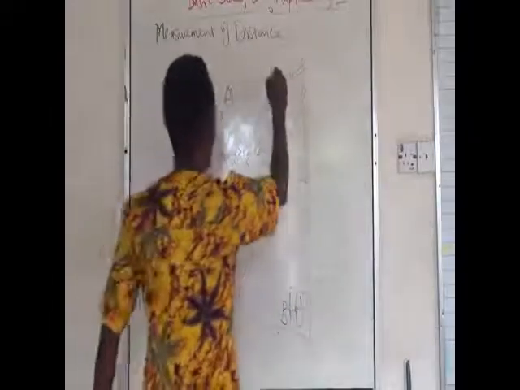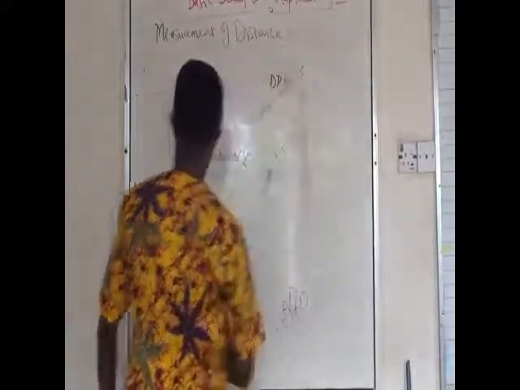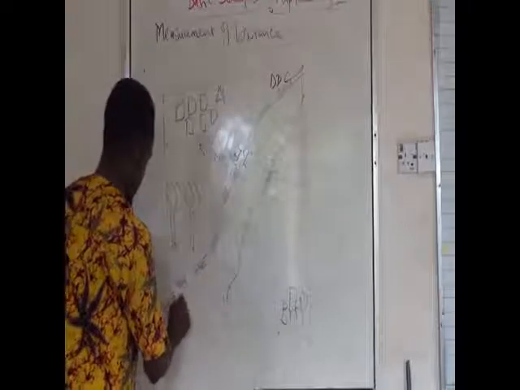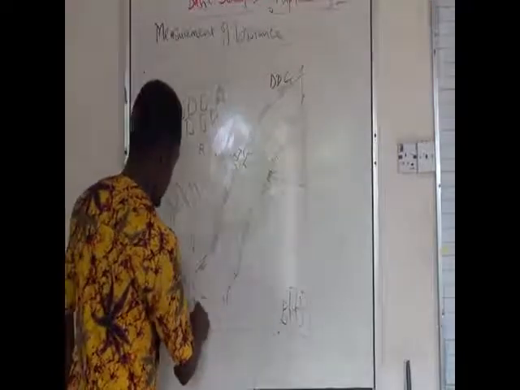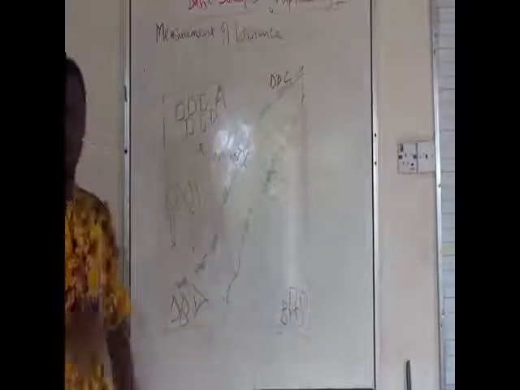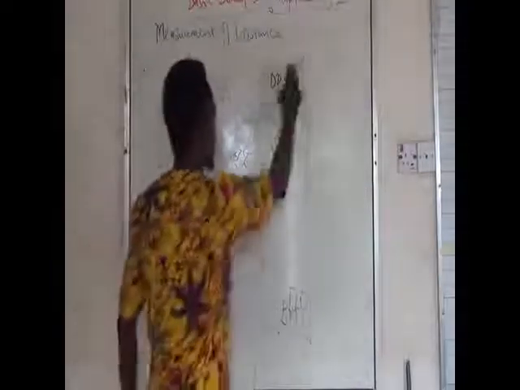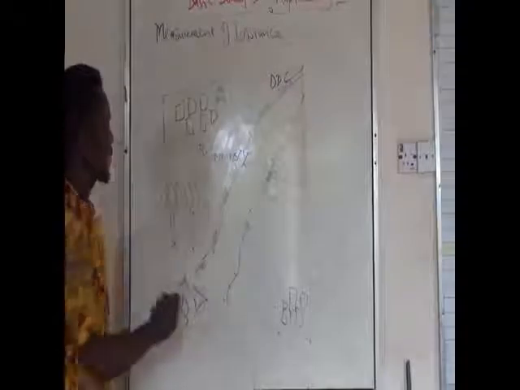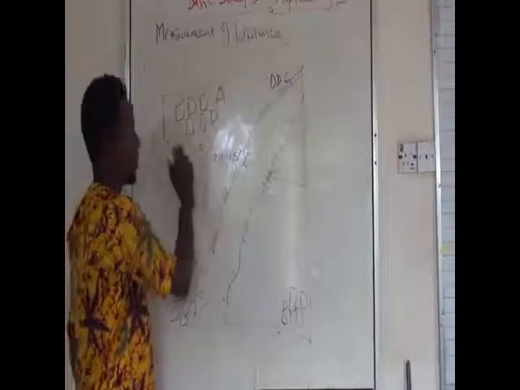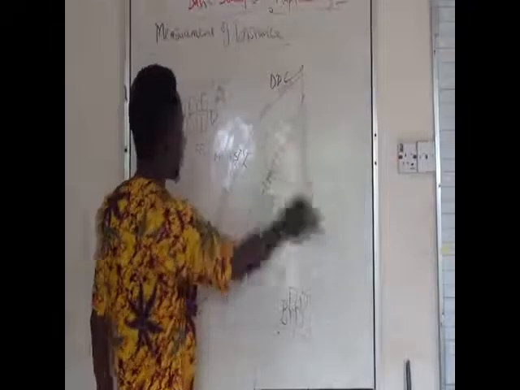Let's call here town C, and let us call this place town D. We can measure the length of the road from town D to town C. We can also measure the full length of the road, the full length of the river.